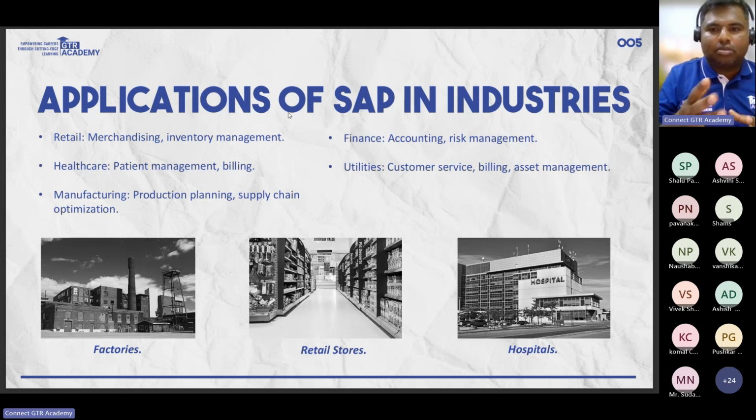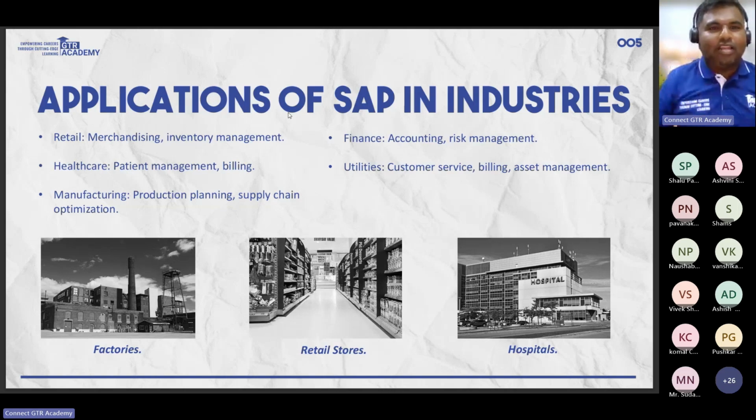In finance, any big company handling insurance and other things is using SAP software. Utilities companies, customer services, billing, all of these companies are using SAP. Why am I addressing the applications in such detail? SAP is not only a product of IT service based companies; it is used by many product manufacturing companies. So the application is wide, and the opportunity is equally wide, which you need to understand.